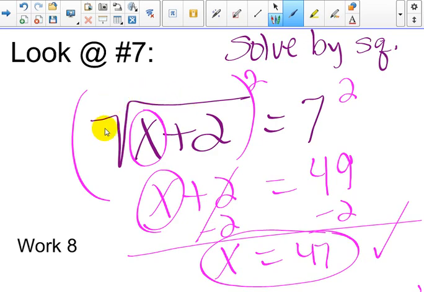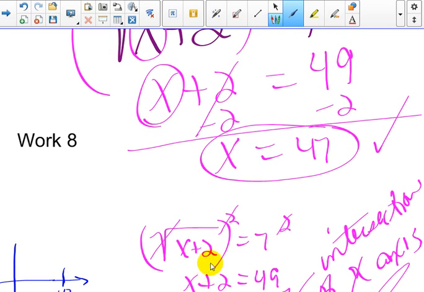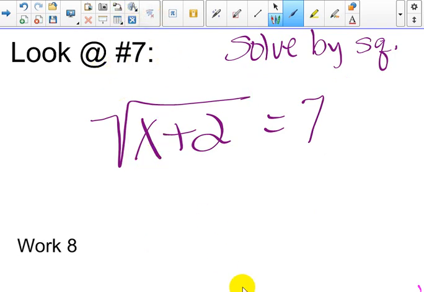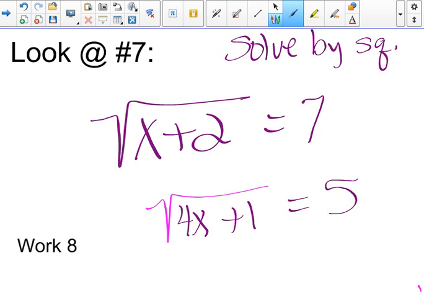Now work number 8 just like that. Number 8 is the square root of 4x plus 1 equals 5. That's number 8.